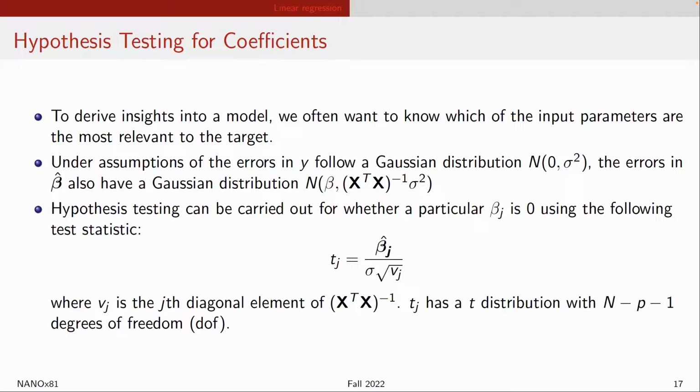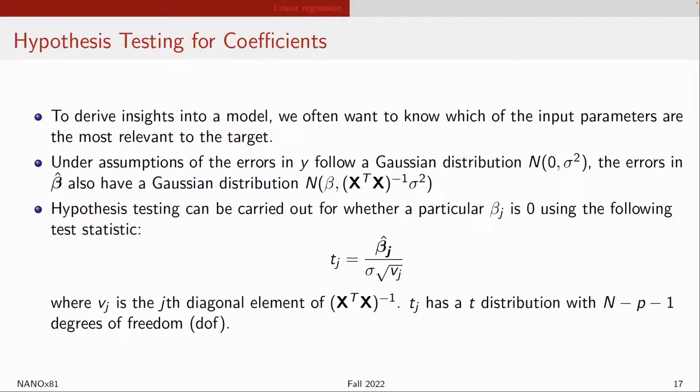So under the assumption that the errors in your observations follow a simple Gaussian distribution, your coefficients beta will also have a Gaussian distribution, with mean at the predicted value of beta and with the variance given by this expression over here, which is X transpose X inverse times your sigma square, where sigma square is the variance of your observations y.